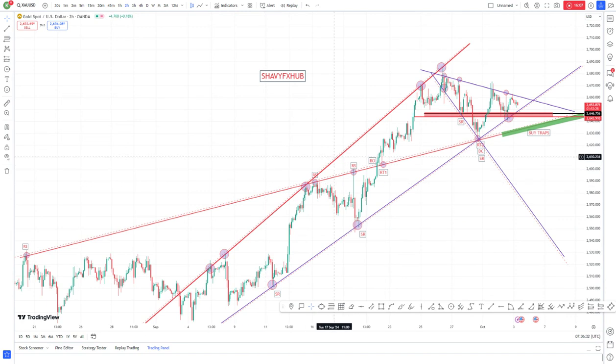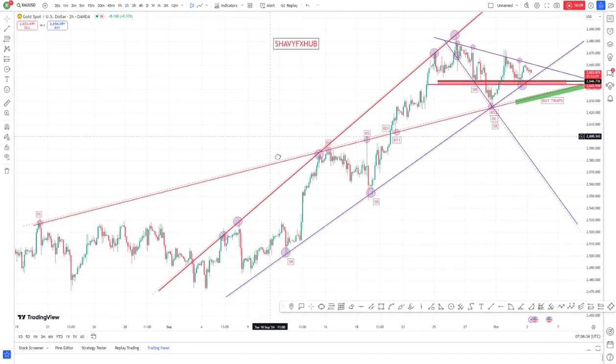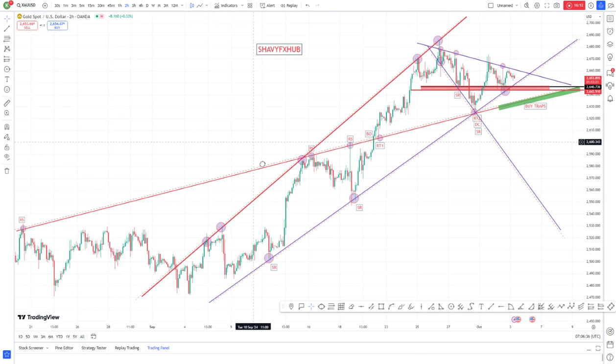So this is what we want at the end of the day. We want a clean structure that respects price action. We want to see a clean break and retest that is very clean and evident. So this is the structure we have for now, XAU USD.